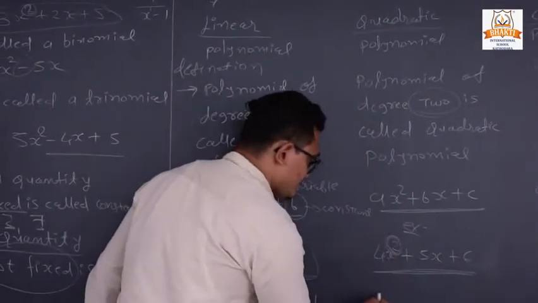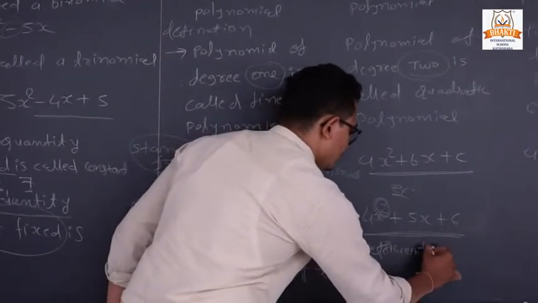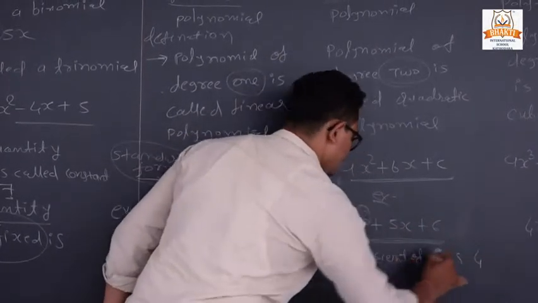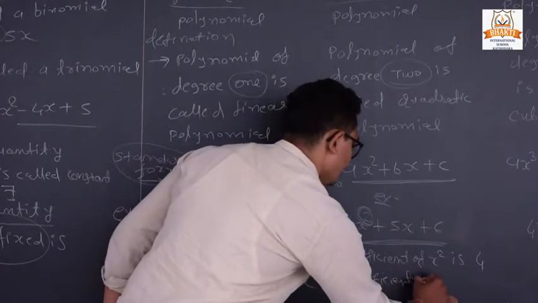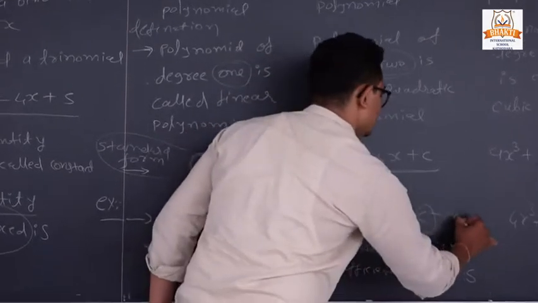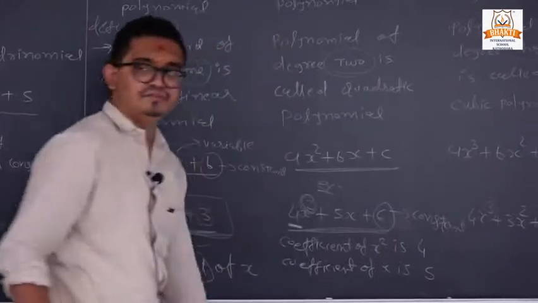Now, what is the coefficient of x squared? The coefficient of x squared is 4. Then the coefficient of x is 5, and 6 is known as a constant because its value remains fixed.